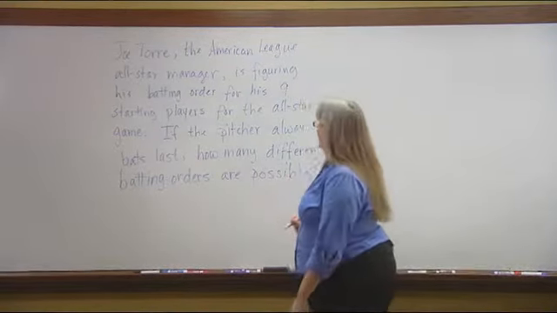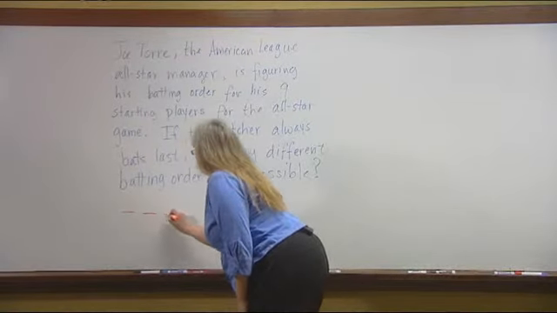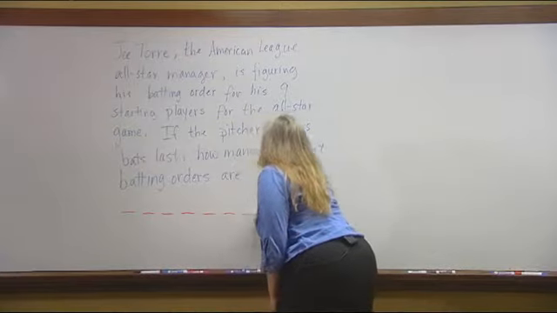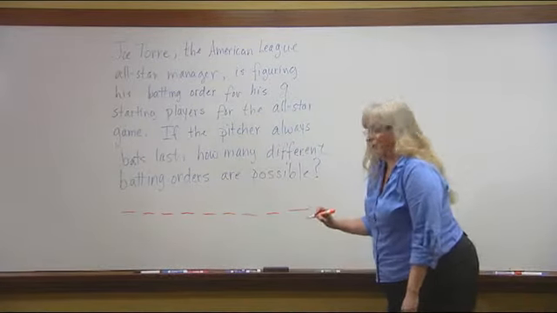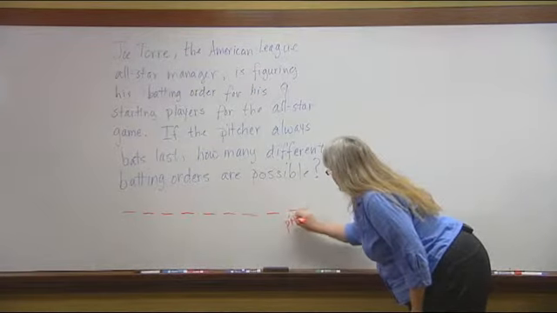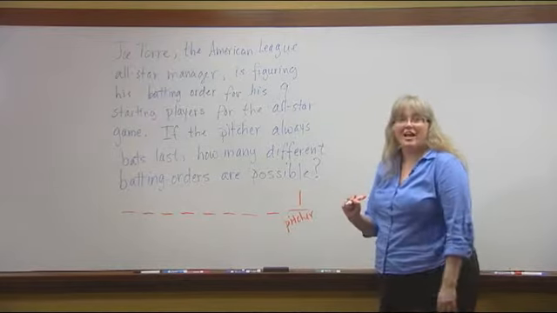So we know we have 9, so we need 9 slots. 1, 2, 3, 4, 5, 6. But we do know that the pitcher always bats last. So the pitcher is here. So there's only 1 possibility for that last slot.